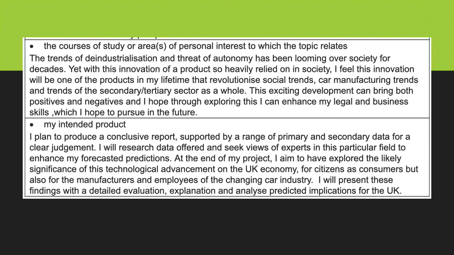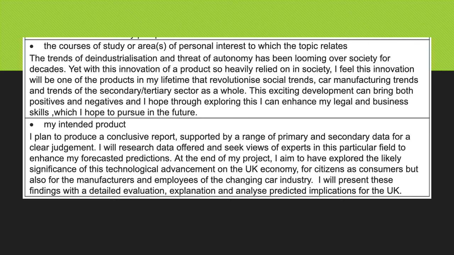Then the candidate's gone on to talk about the courses of study and areas of personal interest to which the topic relates, and that she's talked about the trend of deindustrialisation and threat of autonomy, which has been looming over society for a very long time. And yet it's such an innovative product with autonomous cars that it will be one of the key products in her lifetime that will revolutionise social trends, both in terms of car manufacturing and in terms of secondary and tertiary job sectors as a whole.